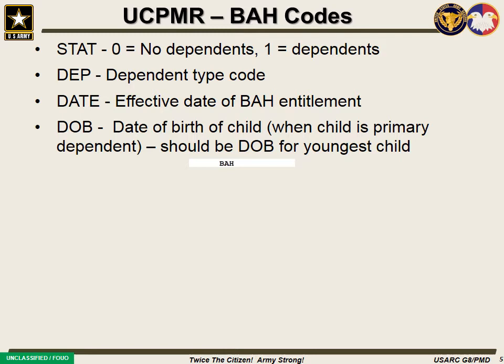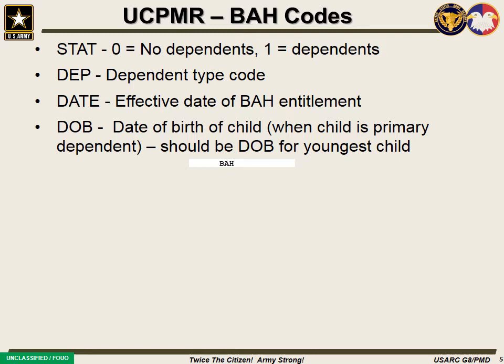One way to do this is to compare the dependent information on the DA 5960 validation report from the RLAS personnel module to the codes on the UCPMR. Dependent information in RLAS personnel is usually up to date. If the information in RLAS personnel is correct, but the UCPMR is incorrect, you must process a DA Form 5960.